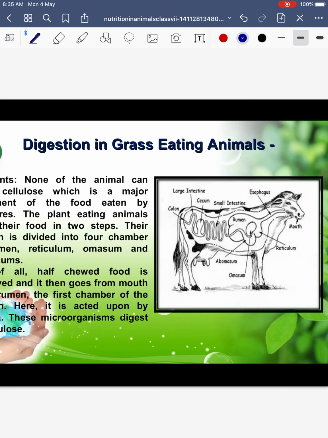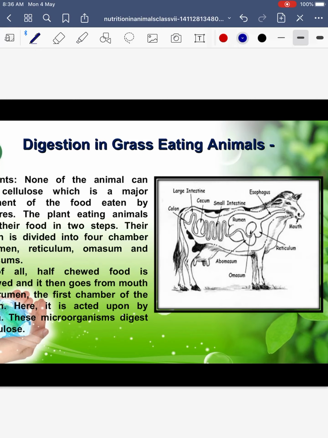In the stomach, hydrochloric acid is present, which breaks down the food by making the environment acidic. With that, we have two glands, the liver and pancreas, which secrete various enzymes and hormones, which make the environment alkaline and break down fat, starch, and protein.